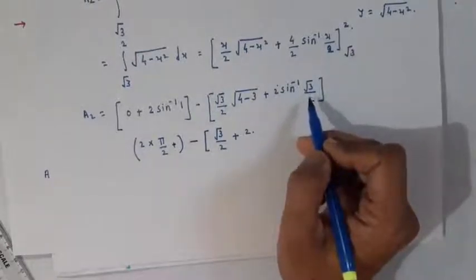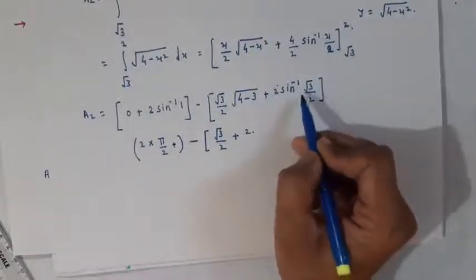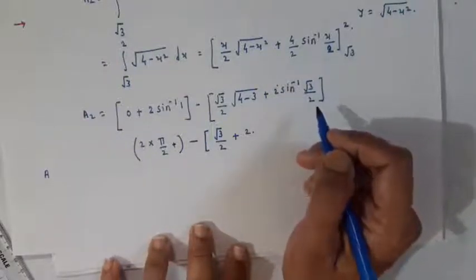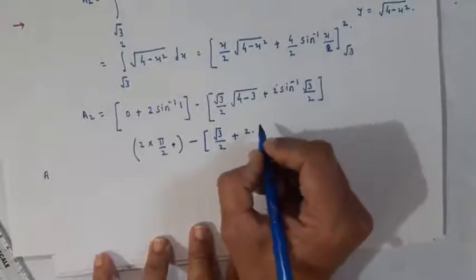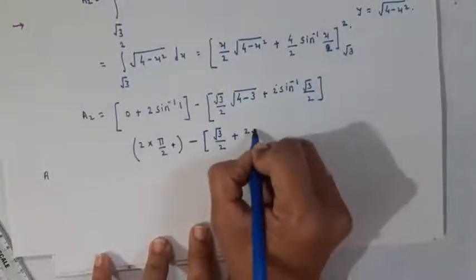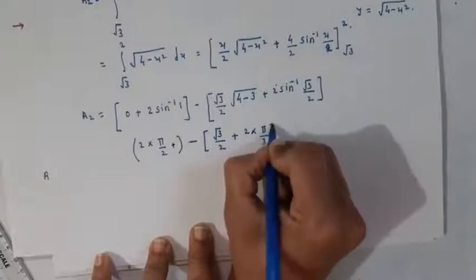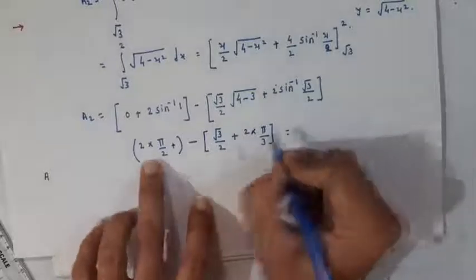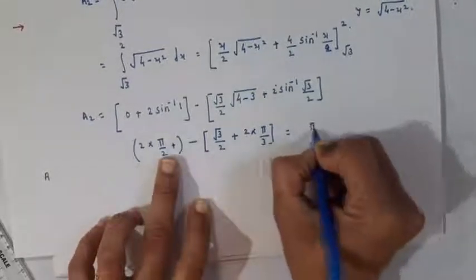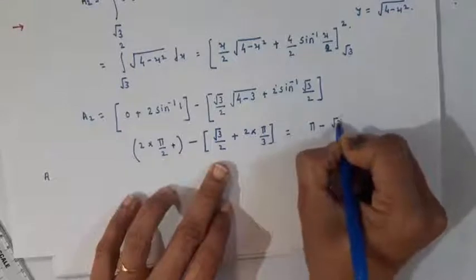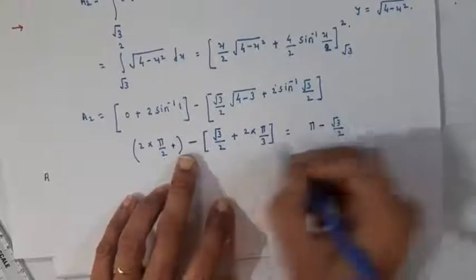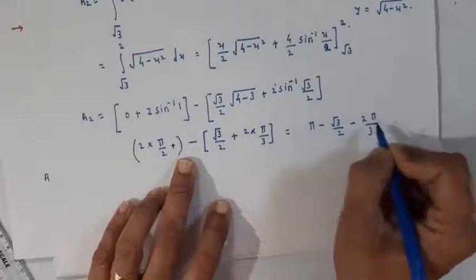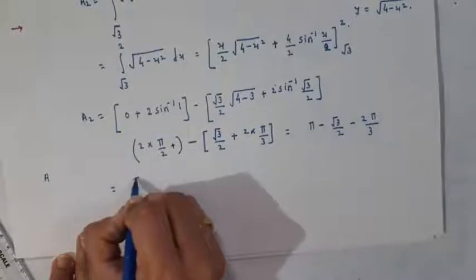Sine inverse of root 3 by 2 means sine 60, which is pi by 3. Okay. 2 into pi by 3. And now the area is pi minus root 3 by 2 minus 2 pi by 3.